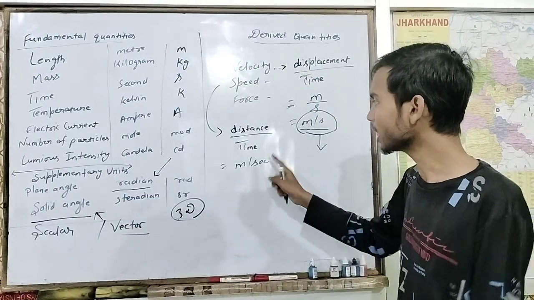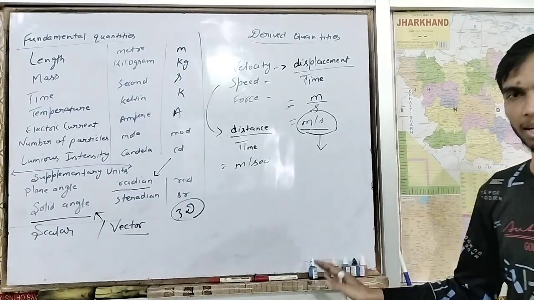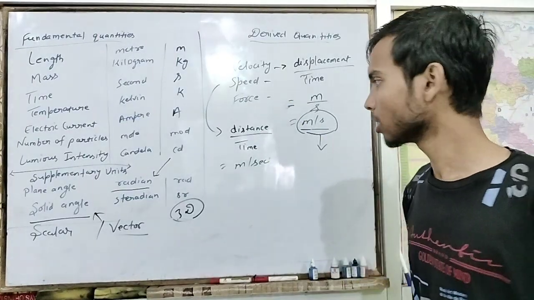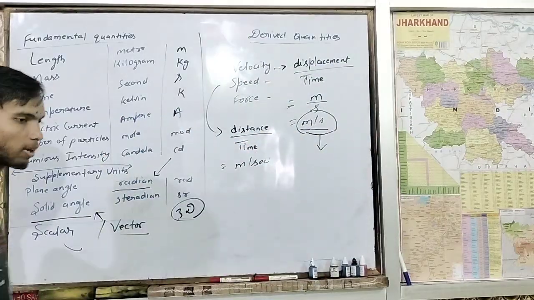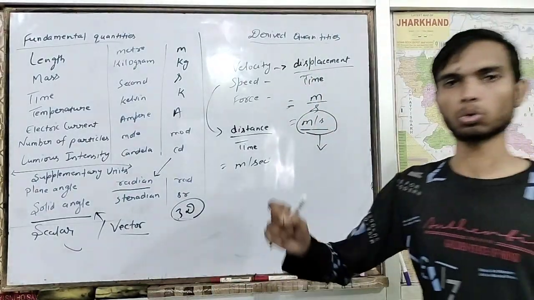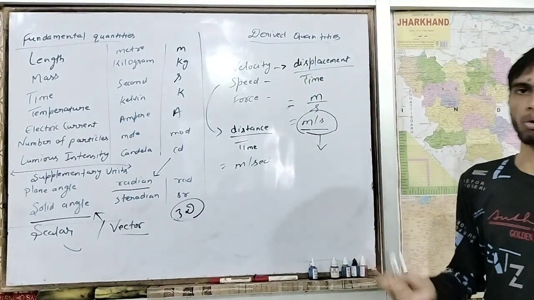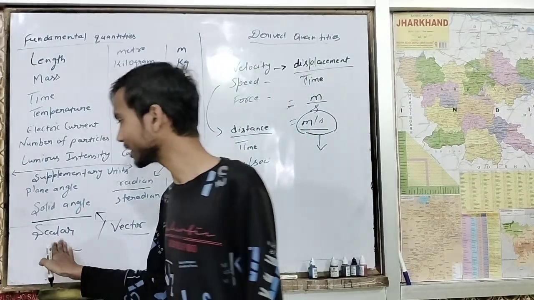We will see the dimensional formula for this quantity after completing this. Now look here at the meaning of a scalar and the meaning of a vector. I have told you the meaning of magnitude. So a scalar is just magnitude.